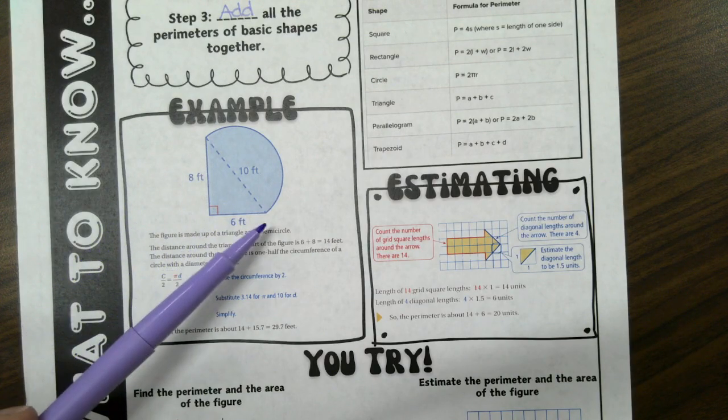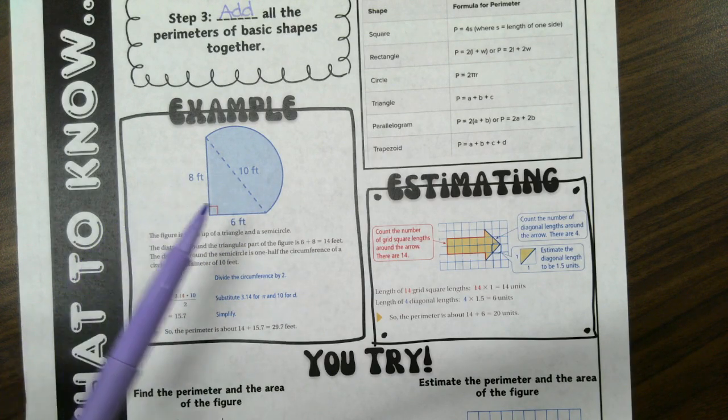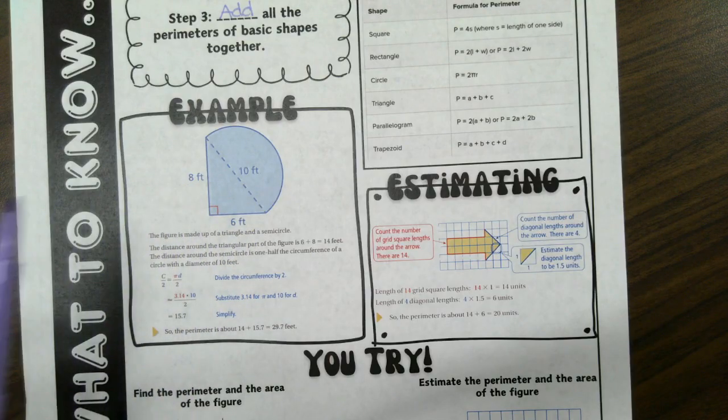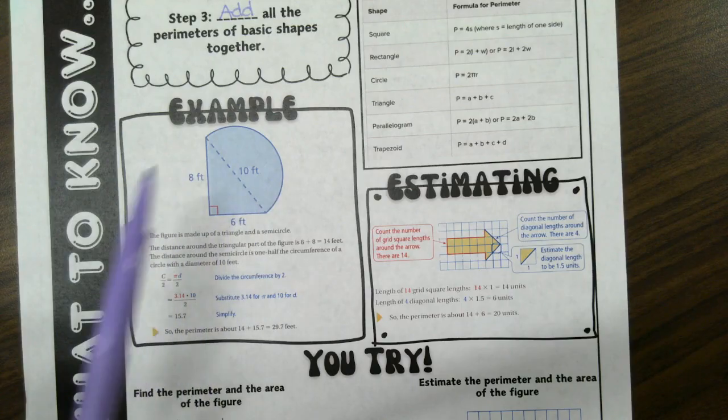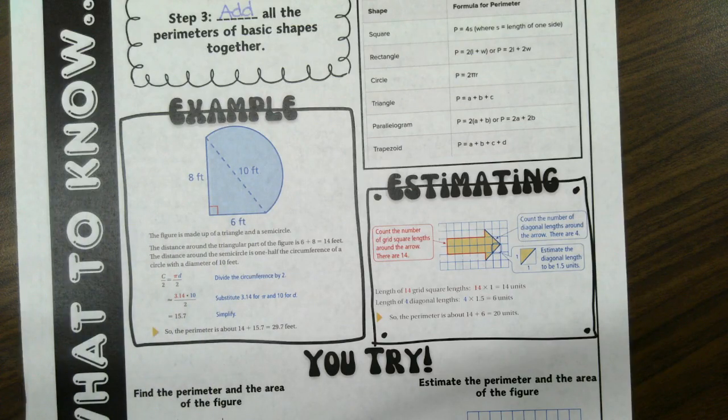So we're just going to add our base and our height. So 6 plus 8 is 14. Now to find our semicircle, we need to divide the circumference by 2. So circumference is pi times diameter. So 10 times 3.14. Divide that by 2, you get 15.7. Add 15.7 and 14 together, and you'll get 29.7 feet.